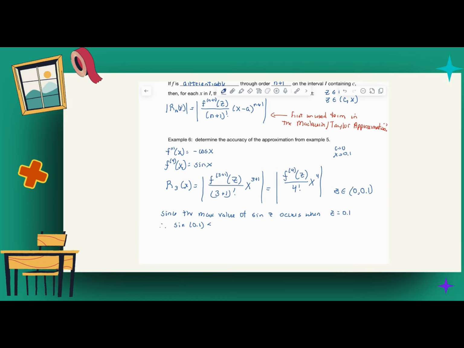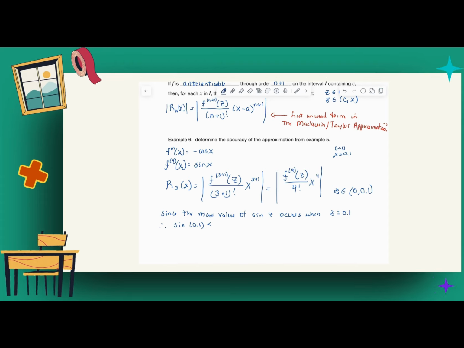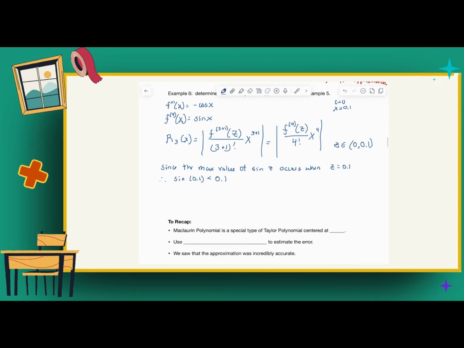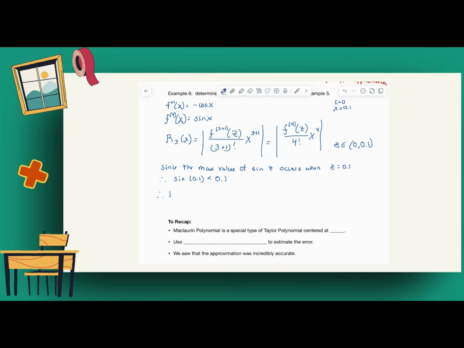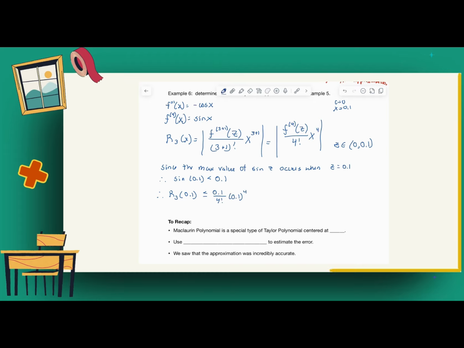And so I'm going to change my error up here from an equality to an inequality. Replacing our fourth derivative of z with 0.1, I get that my error is less than or equal to the absolute value of 0.1 over 4 factorial times my x, which is 0.1, to the 4th degree.